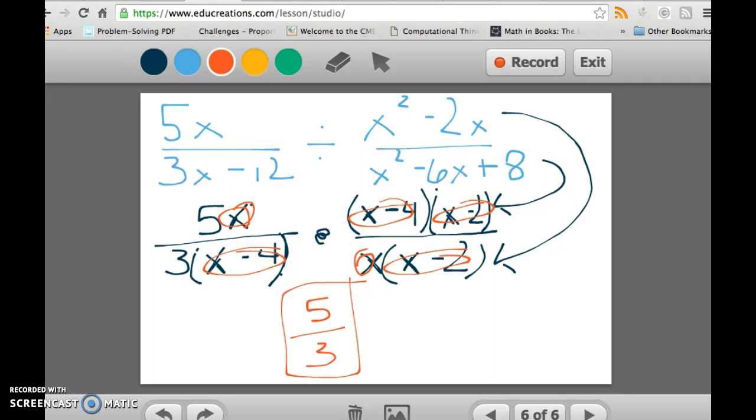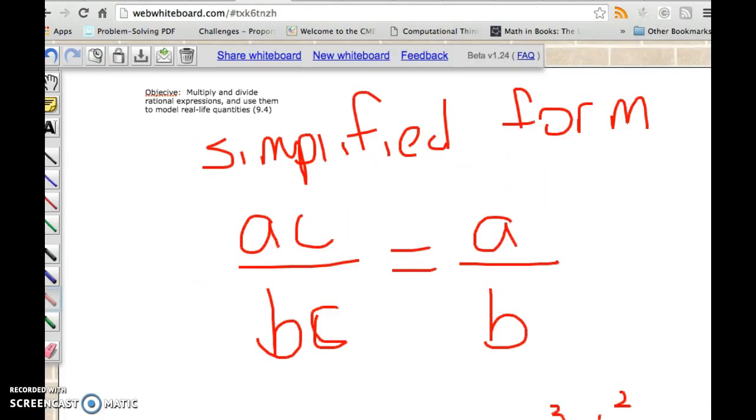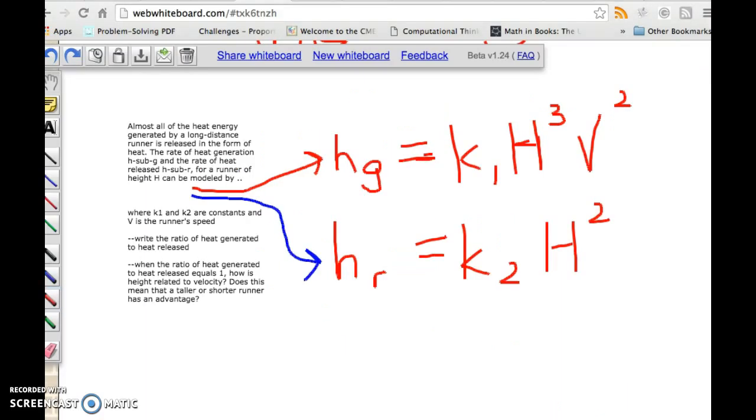Now I want to jump to this website, this tab over here. Okay, this is a word problem. It's numbers 50 and 51 on page 559. The problem says almost all of the energy generated by a long distance runner is released in the form of heat.